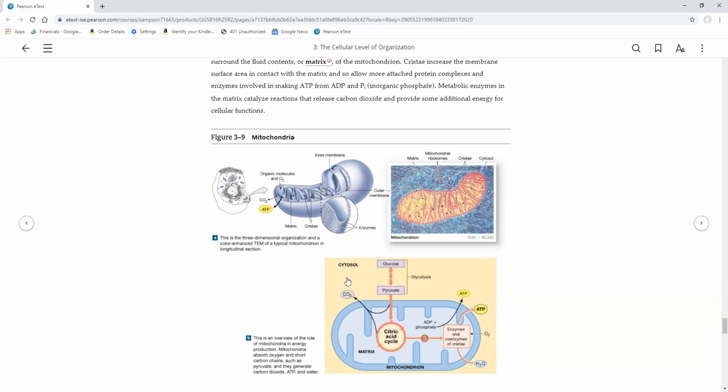If we don't have oxygen, in other words, let's say we're running a marathon or we're in an oxygen-deprived area on a mountaintop, you'll go through glycolysis. We always go through glycolysis, no matter what, and it still makes this byproduct.